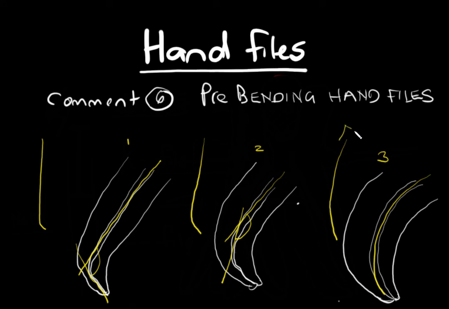So here's a handle up here, by the way, handle of the hand file that you're pre-bending. So this would be about a 1 millimeter curve here, so 1 millimeter. This would be 2 to 3 millimeters, 2 to 3 millimeters. This would be a very gradual curve, maybe a little bit more than that.